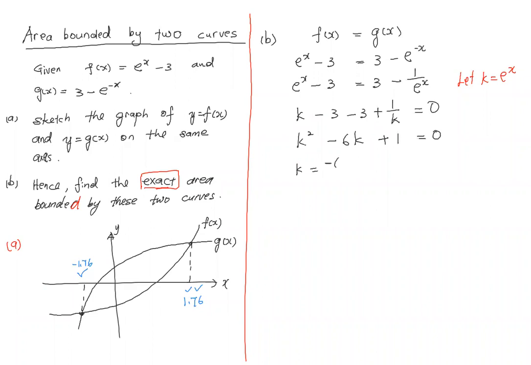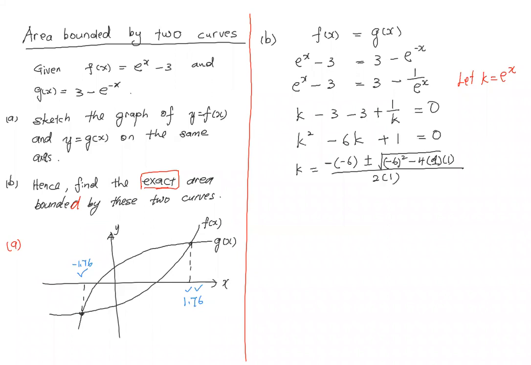Negative b plus or minus square root of b squared minus 4ac over 2a. Everyone should be familiar. What do I mean by a, b, c in this formula?